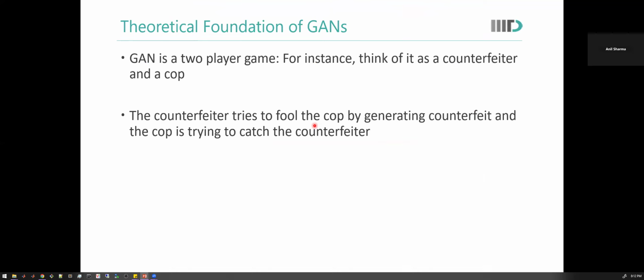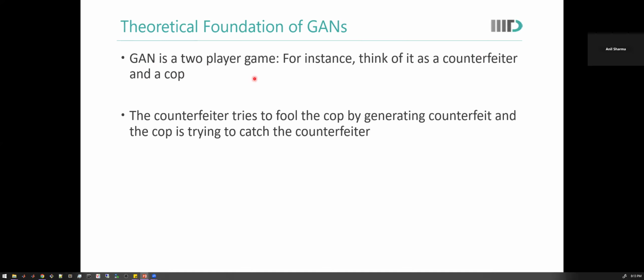So then the birth of GANs came around 2014, when Ian Goodfellow proposed the traditional GAN-based model. They proposed the GAN architecture with some intuition from game theory. They thought, let's say we create a two-player game, for instance, think of it as a counterfeiter and a cop.